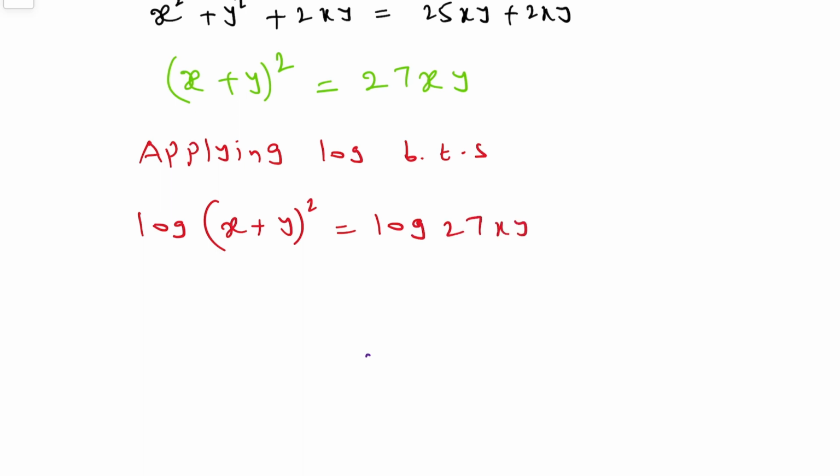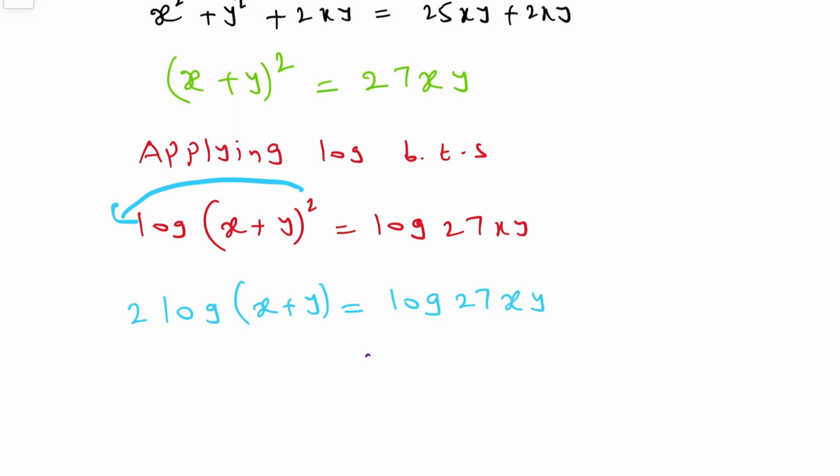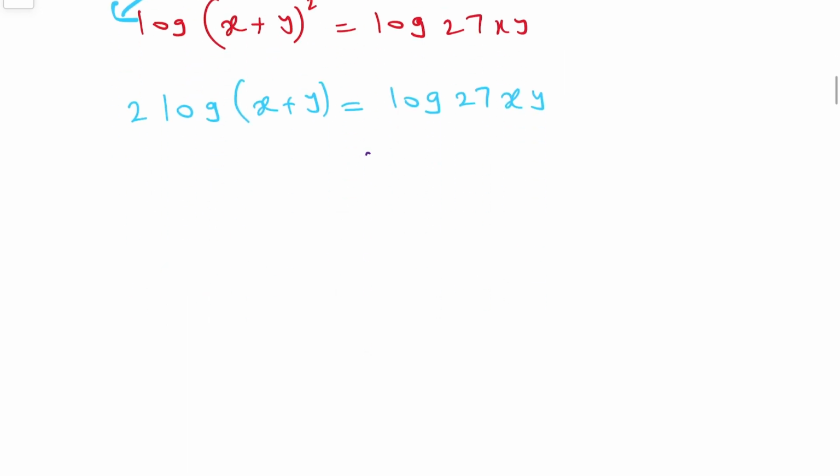In the logarithm, power will come to the front, so in the same way this 2 will also move to the front. So it will be 2 log of x plus y equals log 27xy. On the left side we can do nothing, so keep the left side as it is.